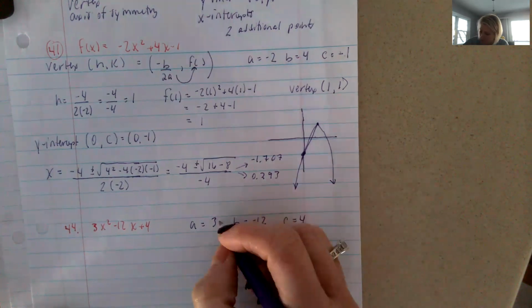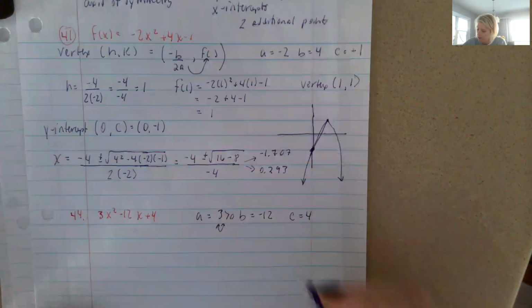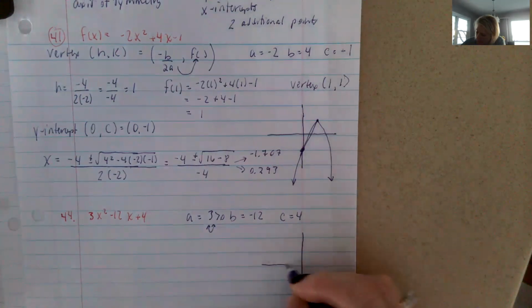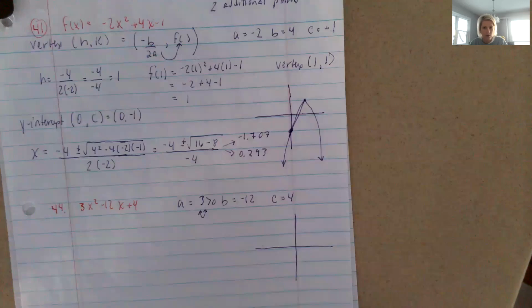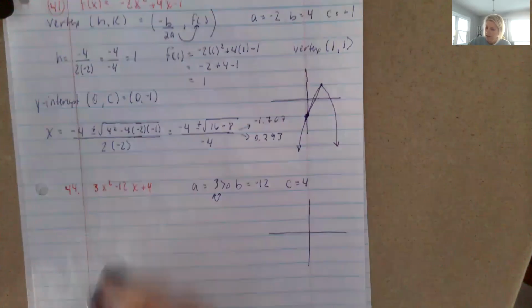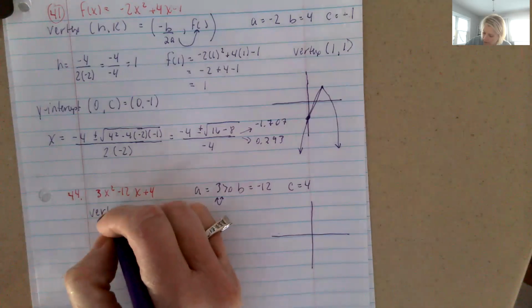And because a is greater than 0, we know it's going to be face up. That's one big hint already. And of course, we're going to try to do this all by hand before we kind of already know what it looked like because I just showed you in Desmos, but I think this is fun. So let's work on our vertex here.